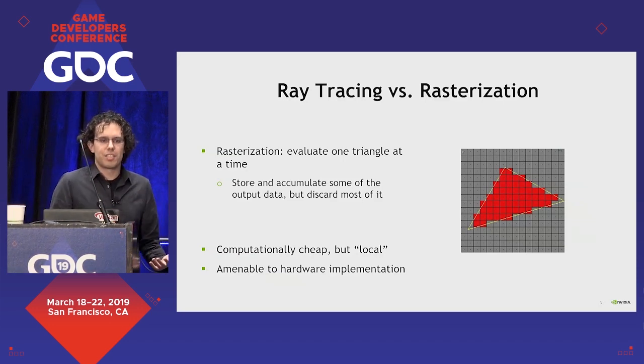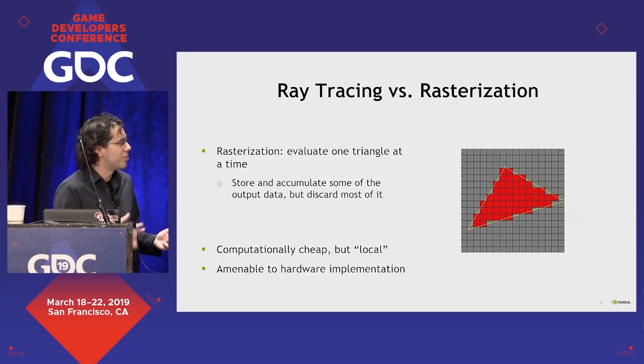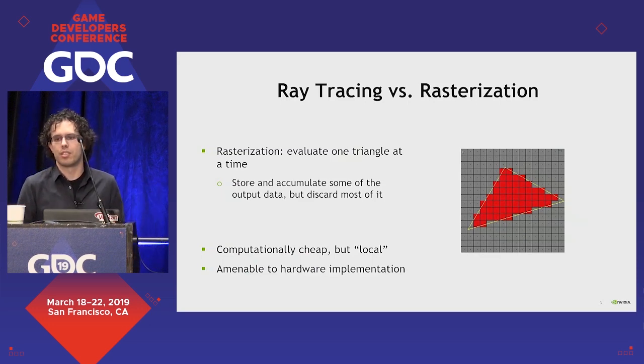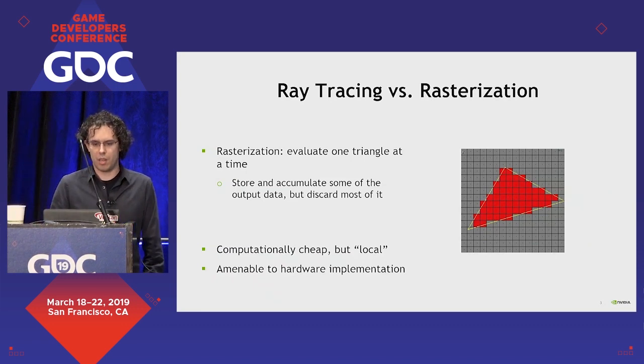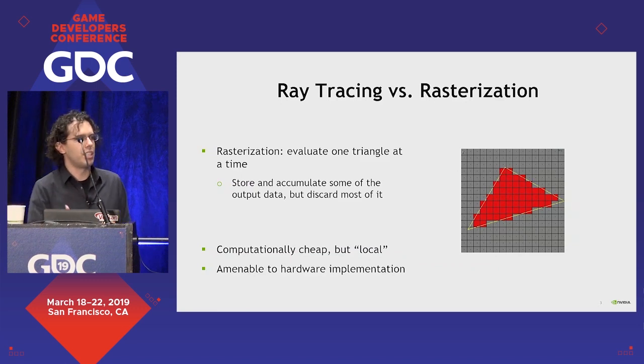And all of these techniques are incredibly complicated, and rasterization is not popular because it's simple to use. It's popular because it's computationally cheap, and it's very, very amenable to hardware implementations. Certainly, GPUs have evolved to become these massively powerful rasterization machines, and it's precisely because this technique is cheap and amenable to hardware implementation that it became so popular.